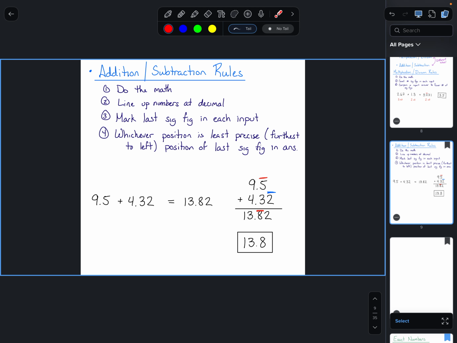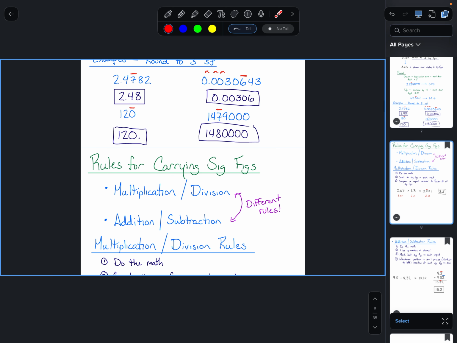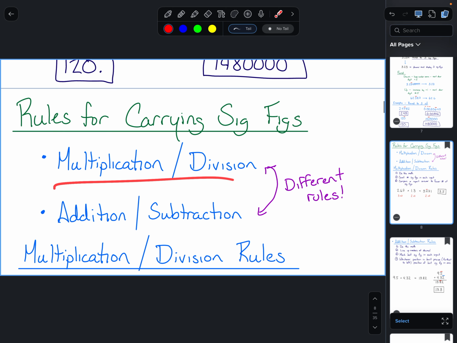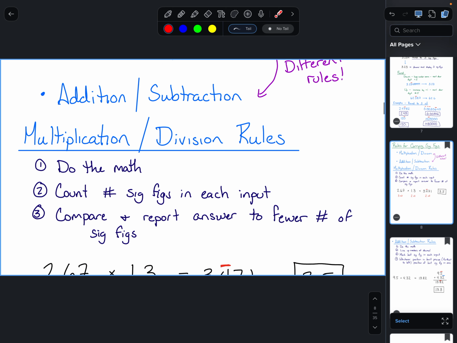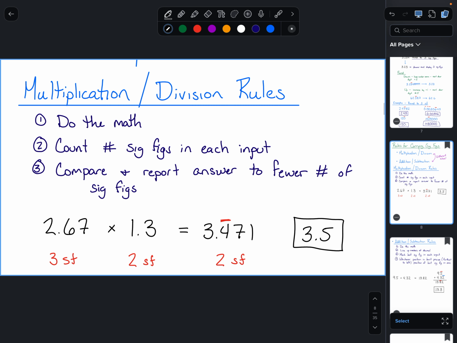Okay, so if I'm going to boil these two rules down to one word, because remember, we got 2 separate rules. They're not the same thing. We're going to try to keep them straight in our mind, which one's which. Multiplication and division rules, this is all about counting your sig figs. If I boil this set of rules down to just one word, it's going to help me remember what I'm supposed to be doing.